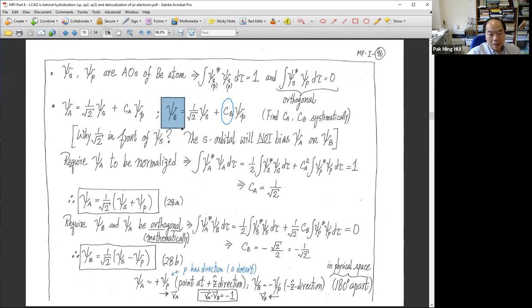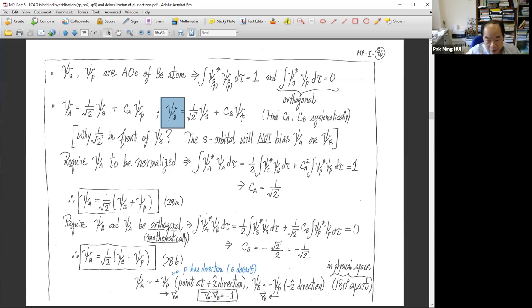By orthogonal, we mean mathematically orthogonal. It's the definition of orthogonality of functions. By that, we mean the following. We want this to be 0. That gives us the condition to solve for the remaining coefficient.